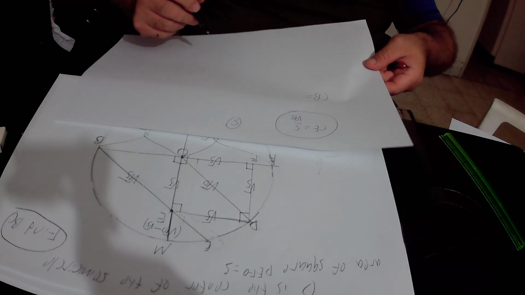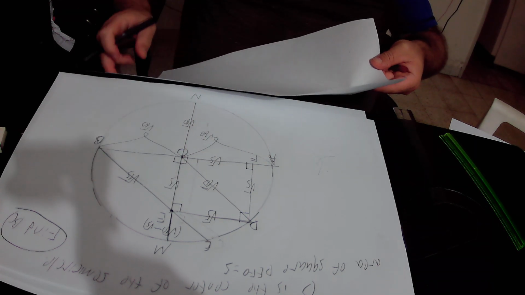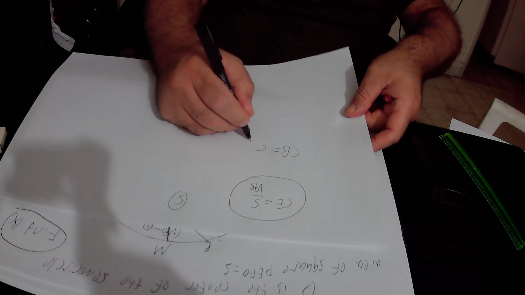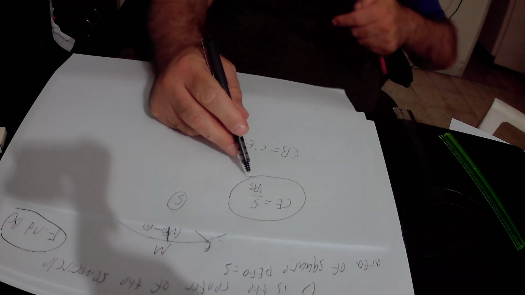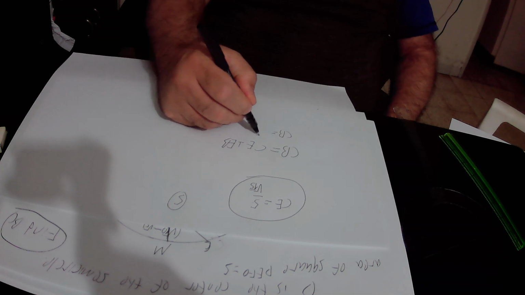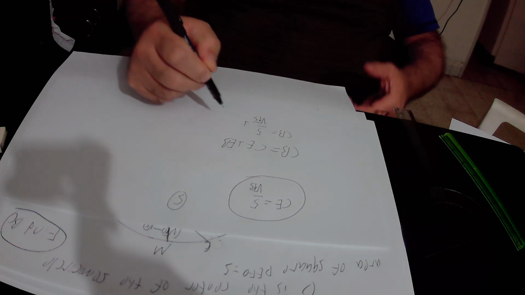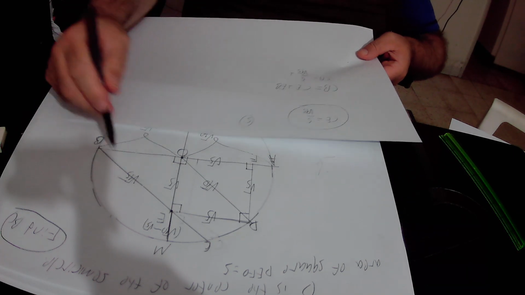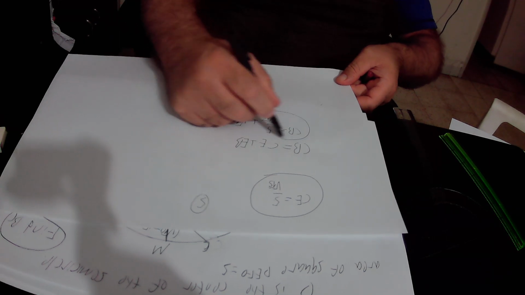We are looking for the value of line segment CB that is equal to CE plus EB. We just found out that CE equals 5 over square root of 15 units, plus EB. We already found out that EB equals the square root of 15.